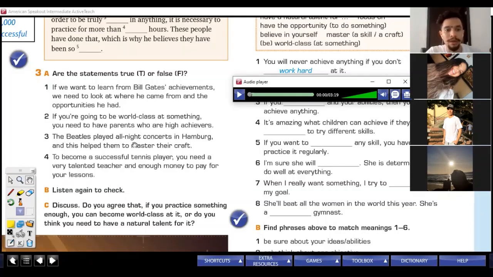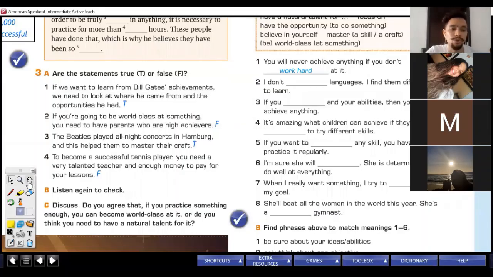The Beatles played all-night concerts in Hamburg, and this helped them to master their craft. True. All right. To become a successful tennis player, you need a very talented teacher, enough money to pay for your lessons. False. All right, false. So this is it. You got true, false, true, and false. Very good, guys. So far, so good.